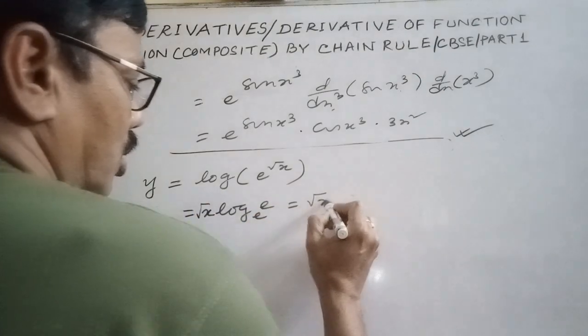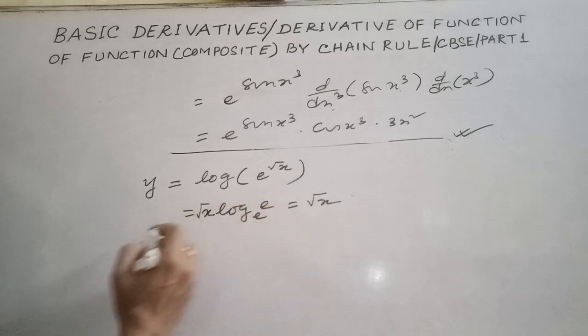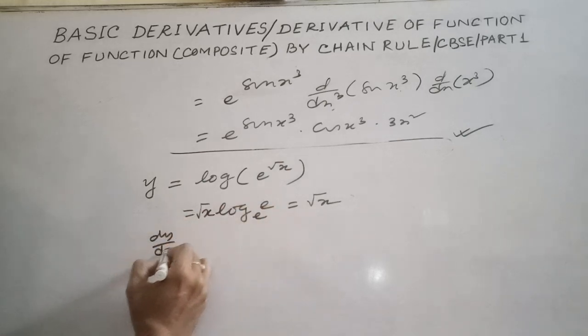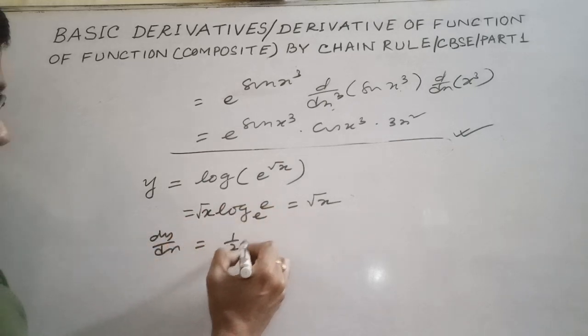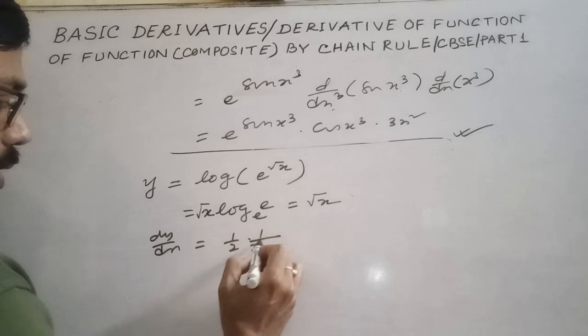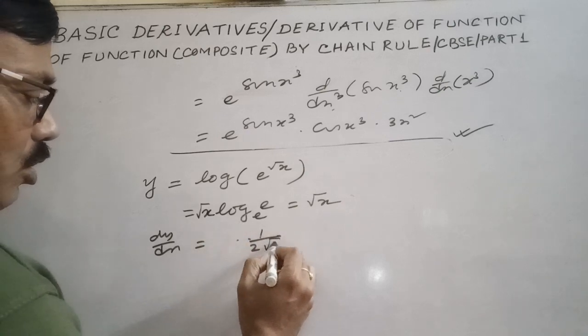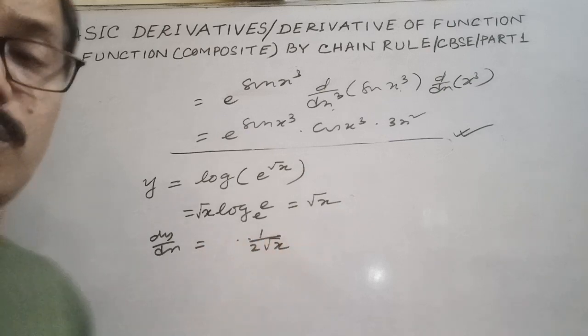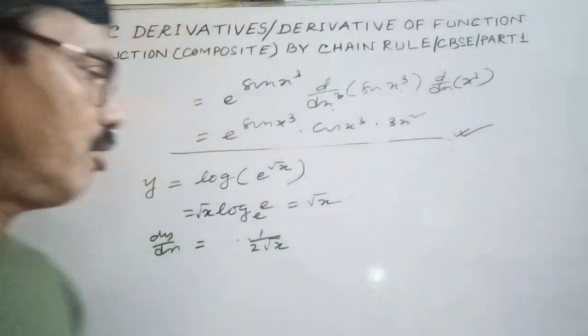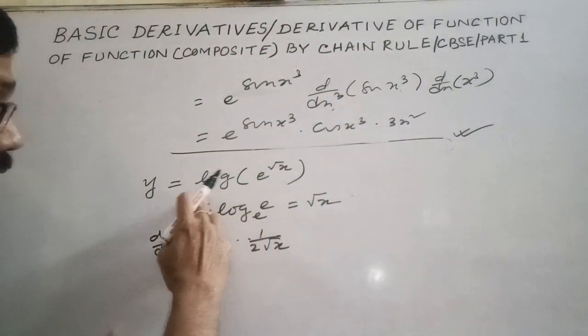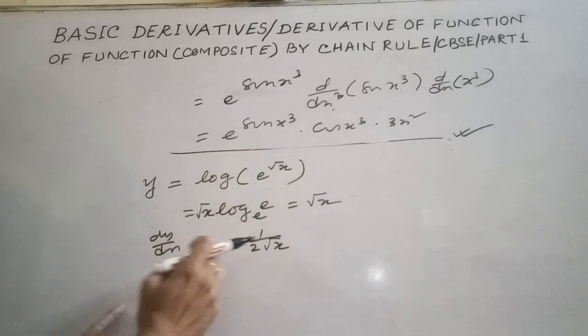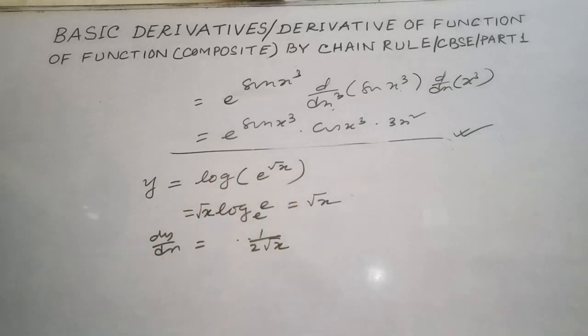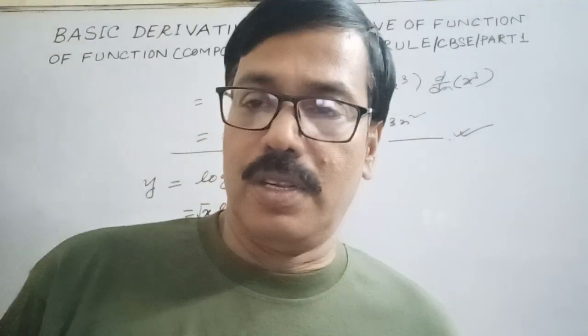Log e is 1. So what is dy by dx? Half of x to the power half, that is 1 by 2 root x. So this should be noted. You can use the chain rule, but if it is log, try to simplify, then perform the derivative.